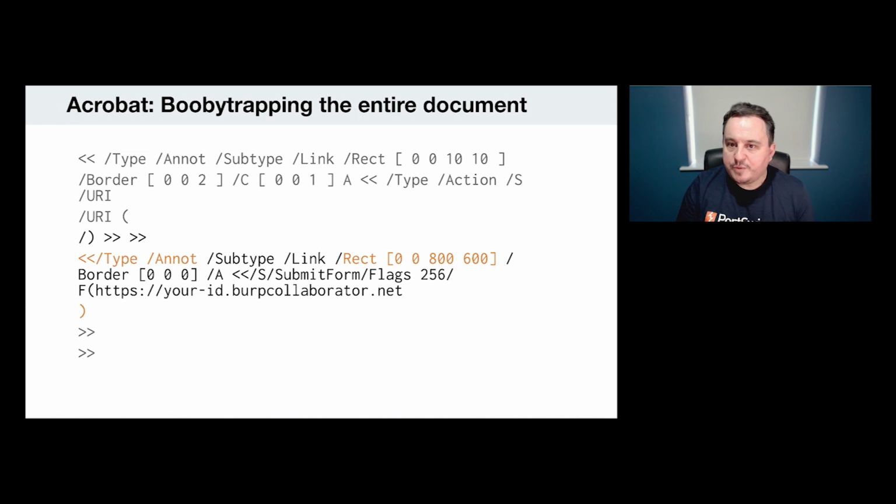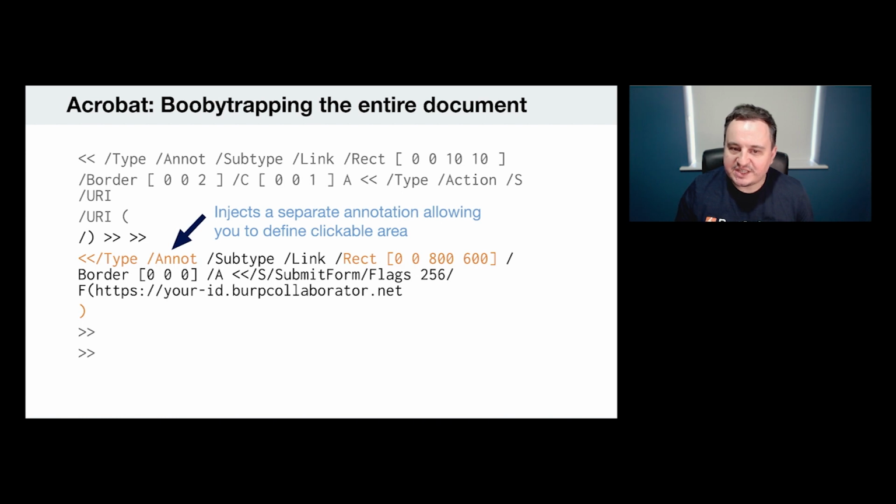You can also booby trap the entire PDF document from an injection, which is nice. So here we inject a separate annotation. Rather than reuse the annotation that we've got already, which might only be a small area, we inject a new annotation so we can define our own clickable area.